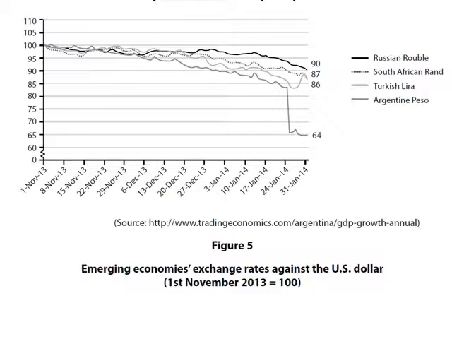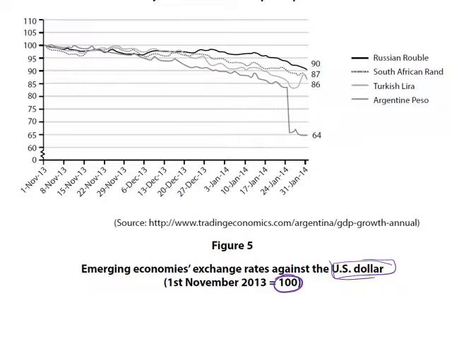Okay, so this was figure 5 that they were referring to. What you've got is emerging economies exchange rates against the US dollar. So it's the value of the lira in terms of the dollar. There is an index year, which is 2013, and what you can see is that there is a devaluing of all the currencies up until January 2004.